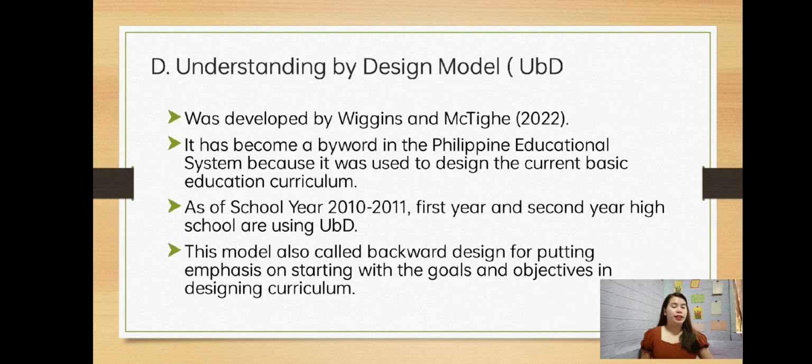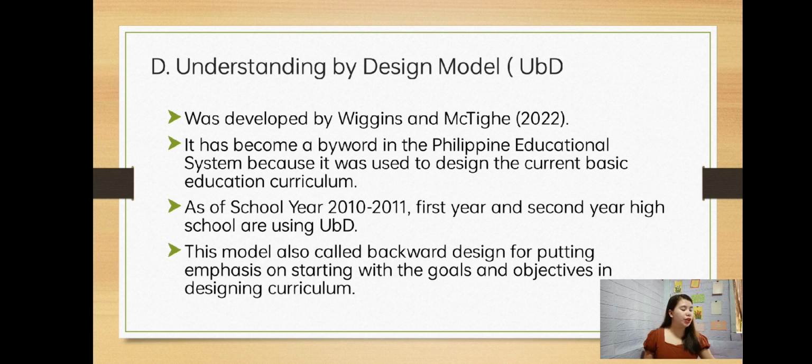And the last model that is included in the linear model is the Understanding by Design model, or UBD. It was developed by Wiggins and McTighe, 2022. It has become a byword in the Philippine educational system because it was used to design the current basic education curriculum.